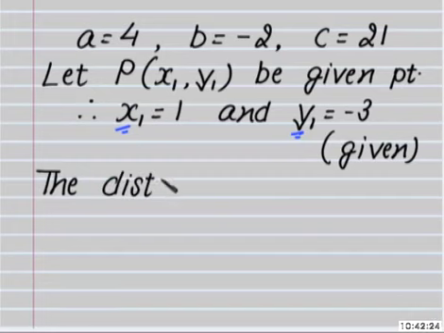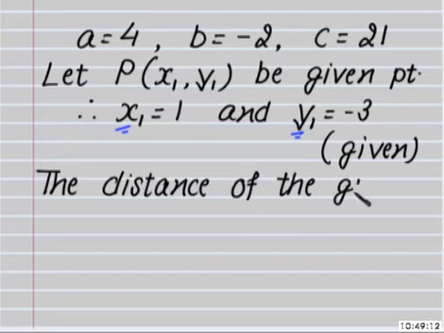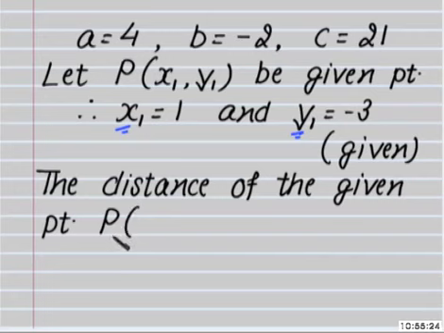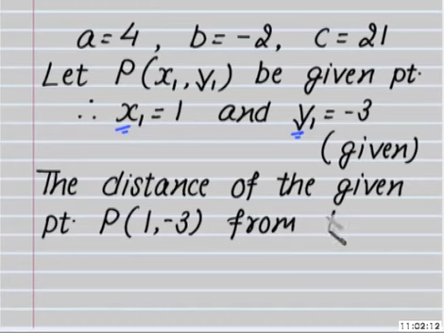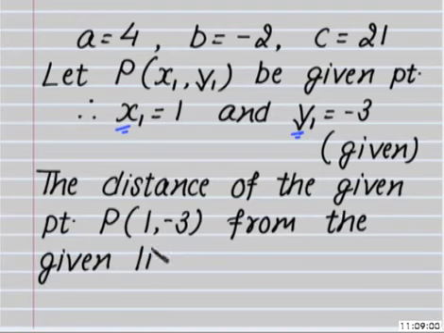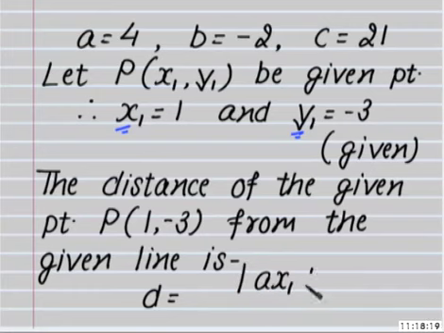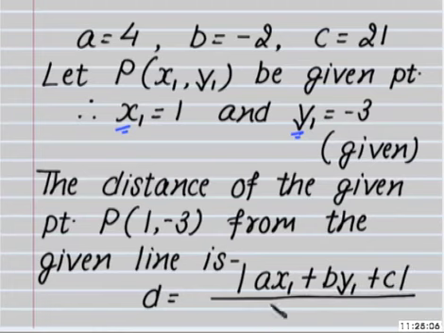So the distance of the given point P with coordinates 1 and -3 from the given line is D equal to modulus of ax1 plus by1 plus c upon square root of a square plus b square.